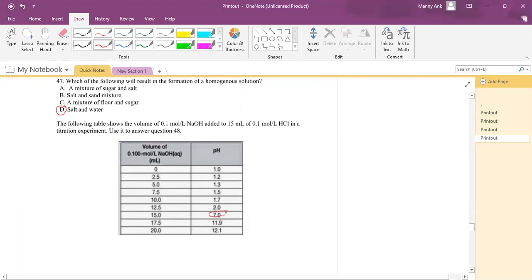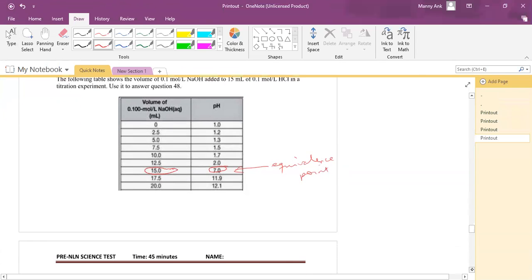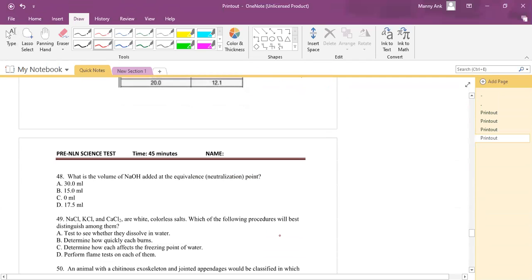So that's the pH here, 7. The volume that you have at that point is the equivalence point. So the answer is 15.